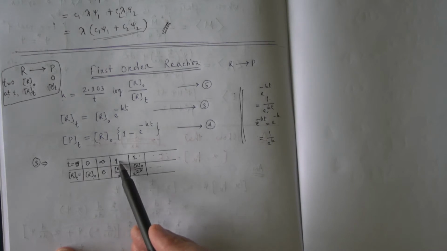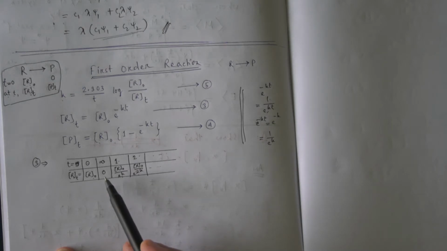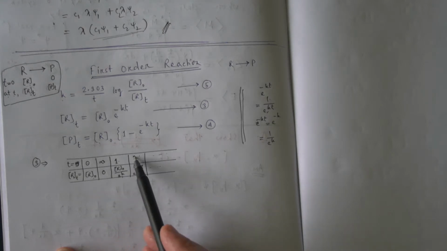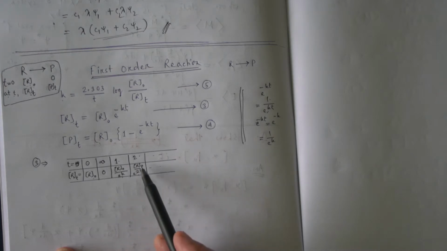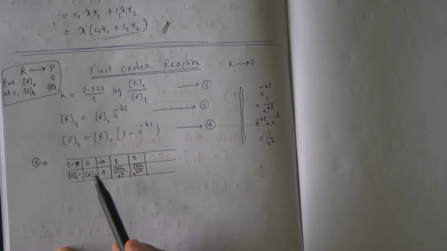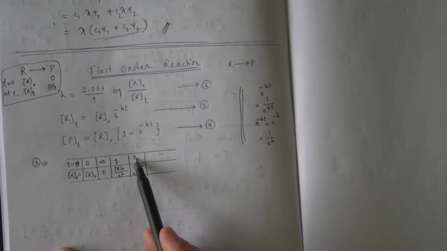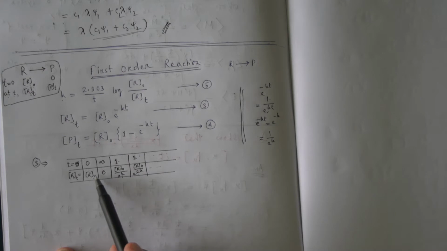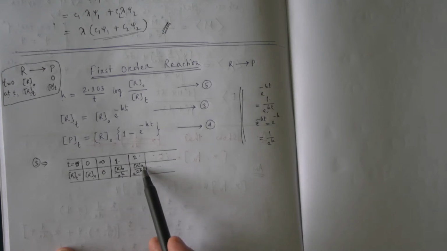Time 1 second, concentration of reactant is this divided by this, decreases, okay. 2 second, RT equal to this divided by e to the power 2k, still decreases, okay. That as time increases, concentration of reactant decreases, okay.